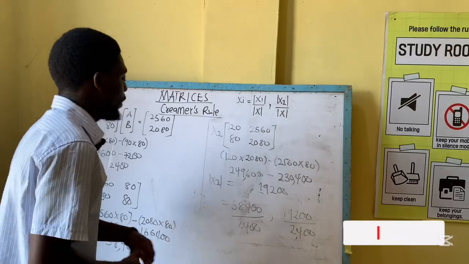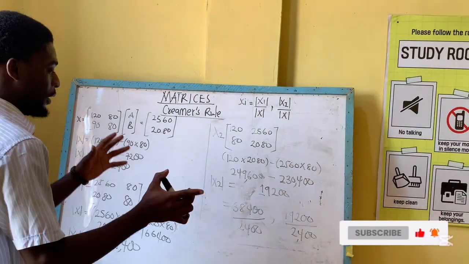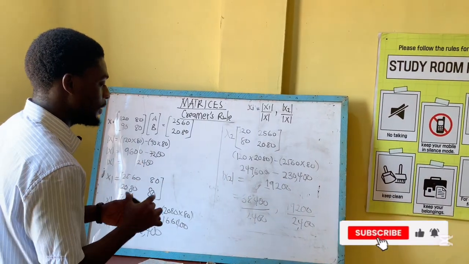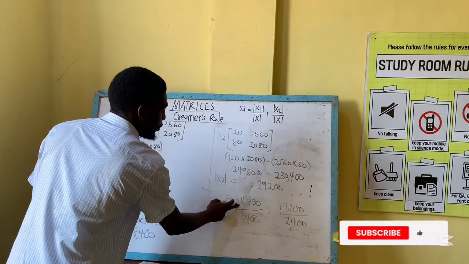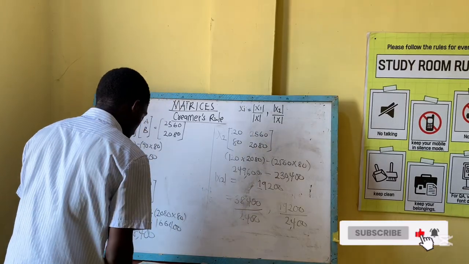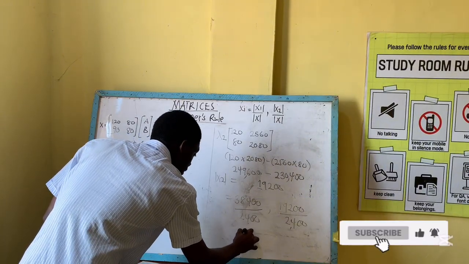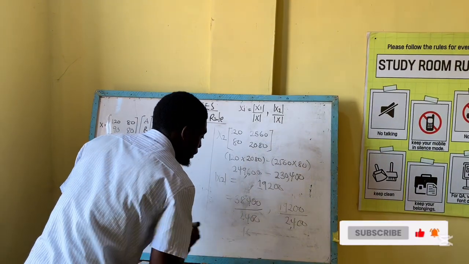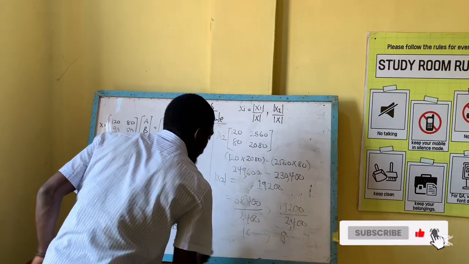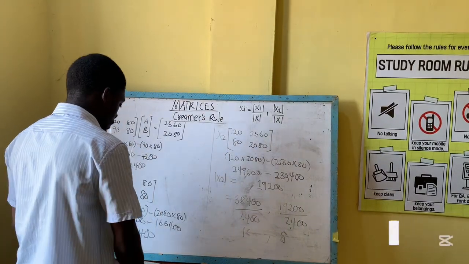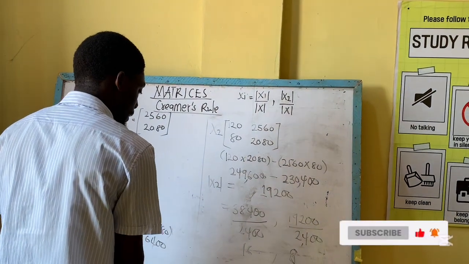Remember, this is the value that you are going to get for A and the value for B, so don't interchange it. If you divide, you are going to have 16, then the other one to be 8. So we now conclude that product A is 16 and product B is 8.